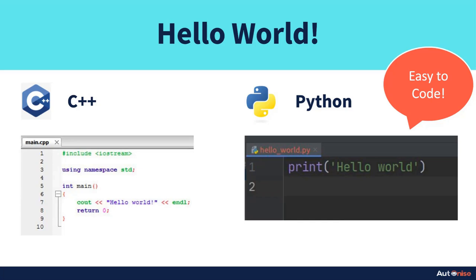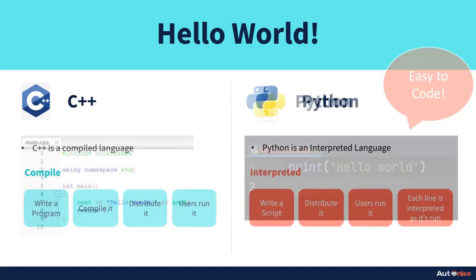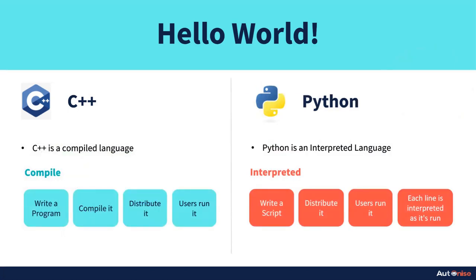Let's see more on why there is so much difference in writing the code in C++ and Python. The difference in these two languages starts from the type of languages they are. In general, there are two types of language.